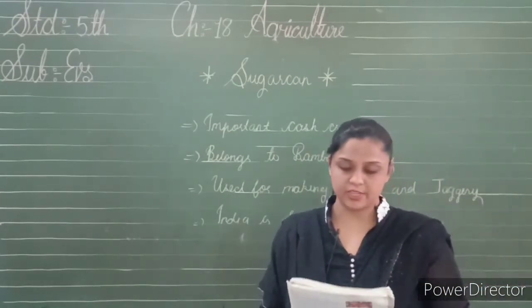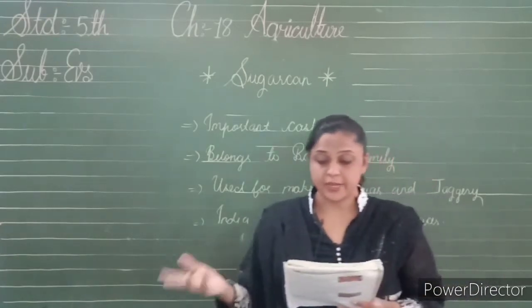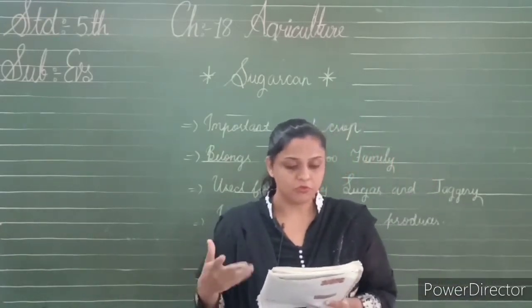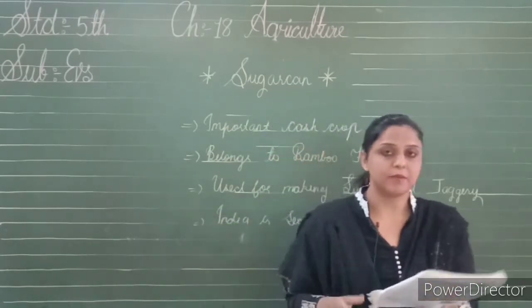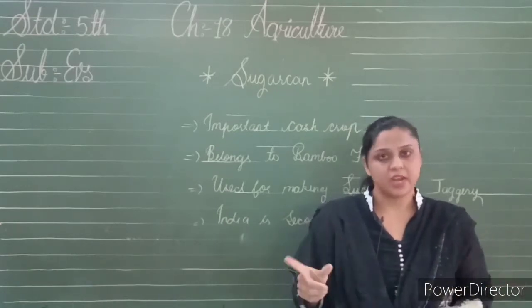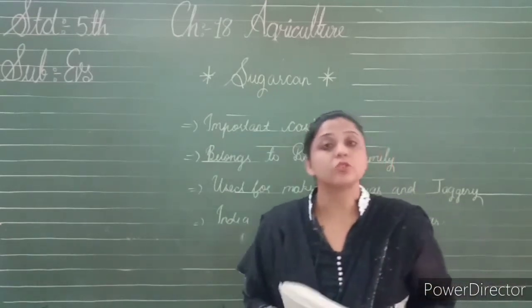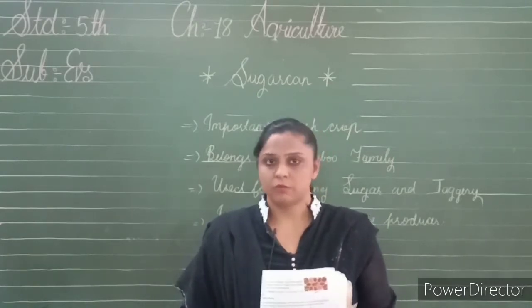Where is sugarcane harvested? Uttar Pradesh is the leading producer of this crop, followed by Maharashtra, Madhya Pradesh, Bihar, Tamil Nadu and Punjab. UP is the state where sugarcane is produced on a large scale, which is in the number 1 position.